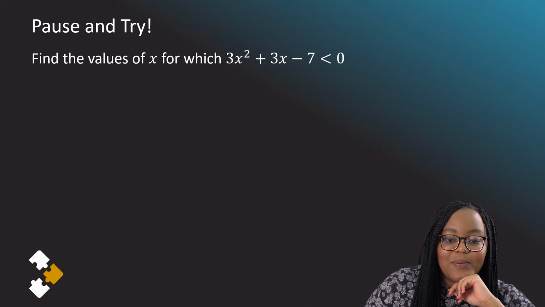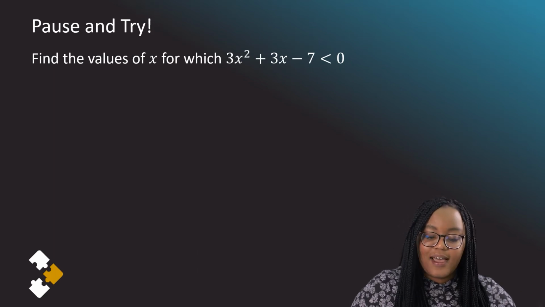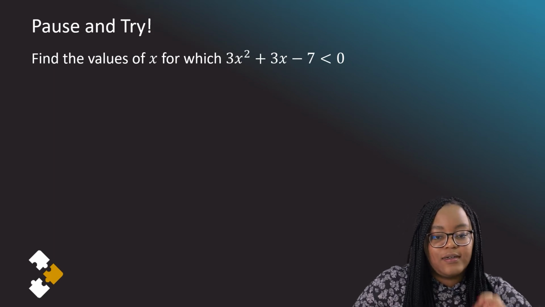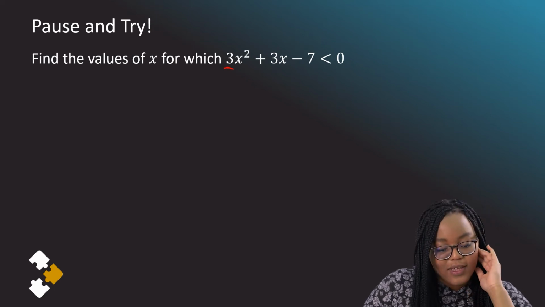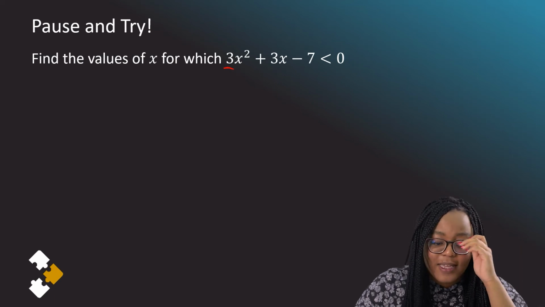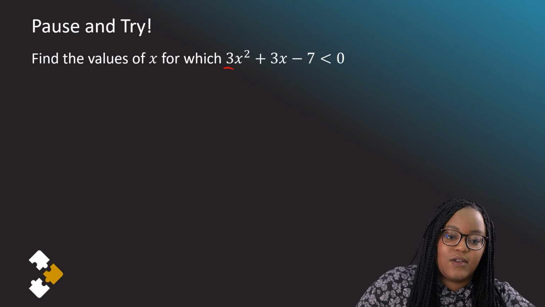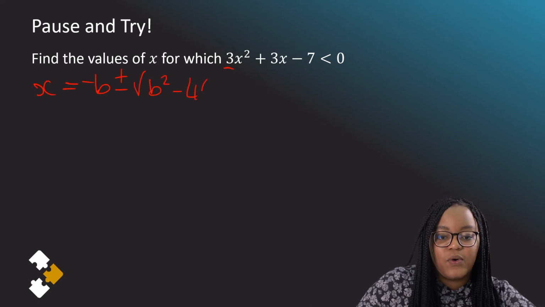In this example, we were given the inequality 3x squared plus 3x minus 7 is less than 0. Now, we do not have 1 as the coefficient of x squared. Therefore, I think the best option here would be to solve this equation using the quadratic formula. Obviously, you remember the quadratic formula from earlier: negative b plus or minus the root of b squared minus 4ac, all over 2a.